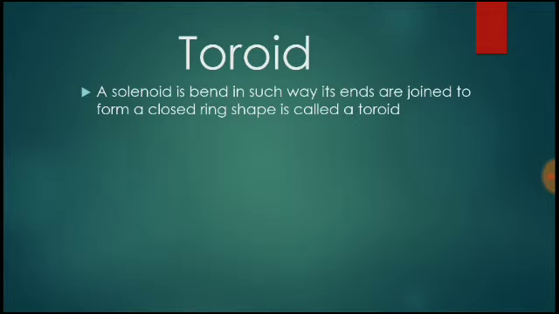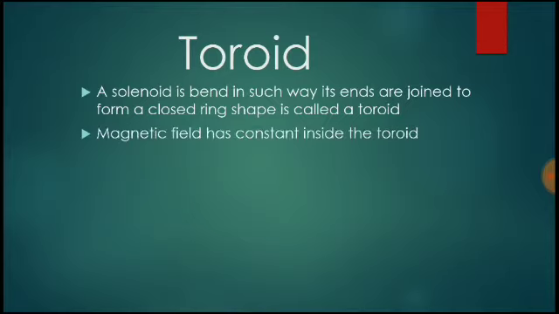What is a toroid? A solenoid bent in such a way that its ends are joined to form a closed ring shape is called a toroid. The magnetic field is constant inside the toroid.